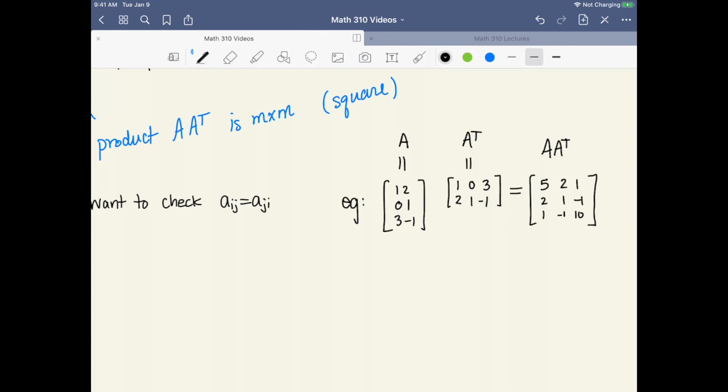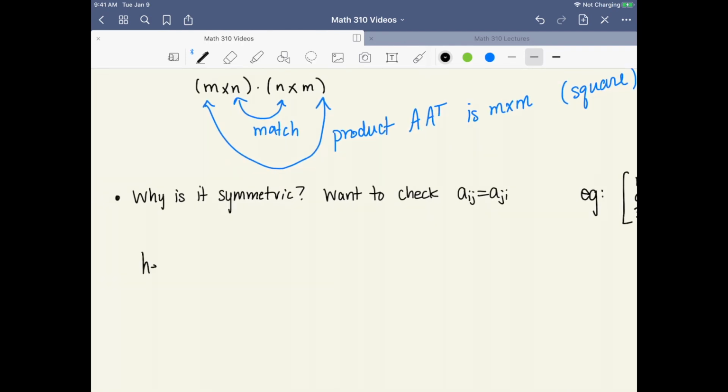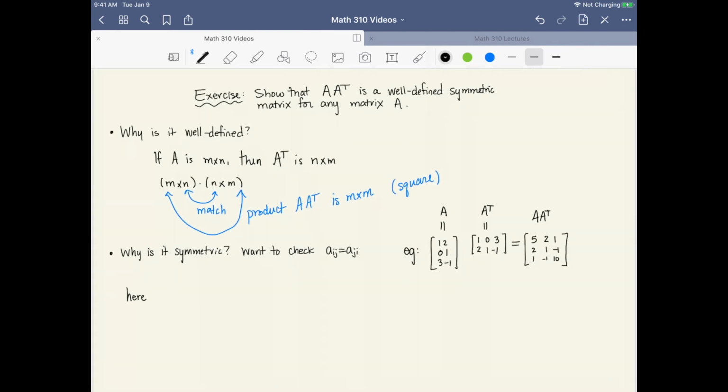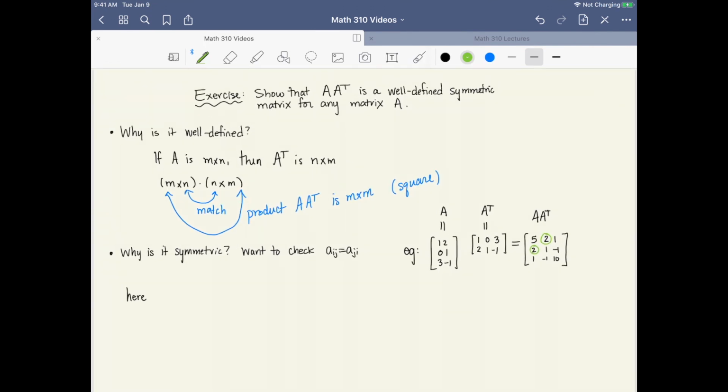And let me write out a little bit more symbolically what's happening here. Let me focus on entry 1, 2. So entry 1, 2 is this 2 right here. And I want to compare it with entry 2, 1, which was this entry, and the dot products that gave me those entries.